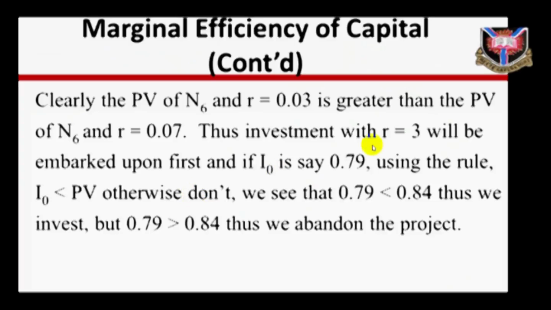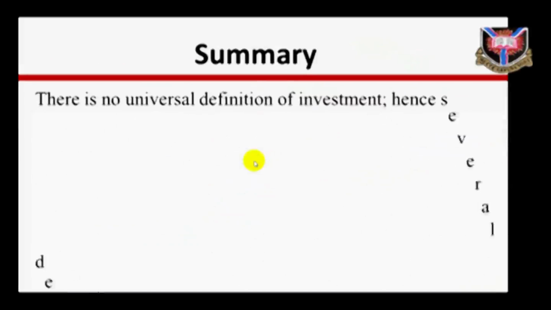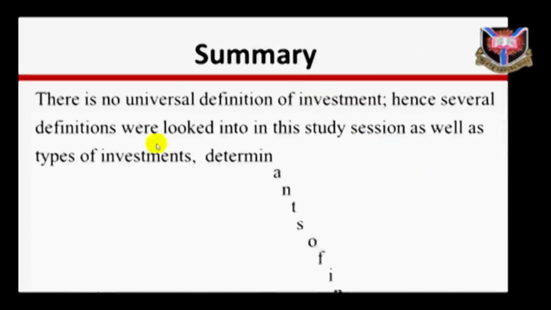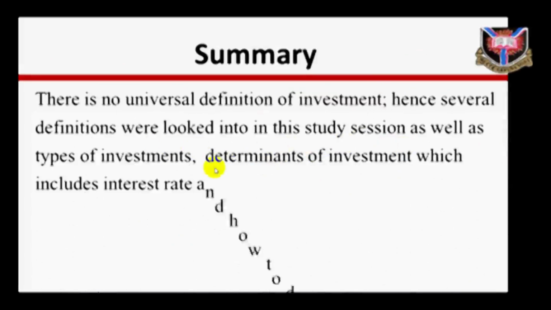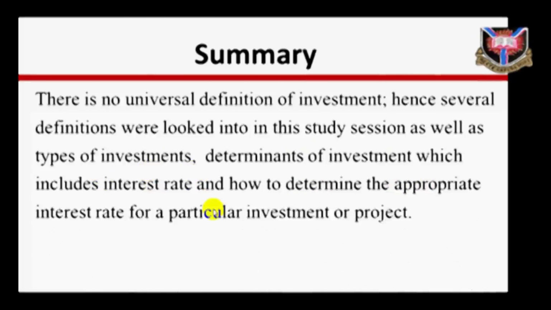But if 0.79 is greater than 0.84, thus we abandon the project. Illustration. We see that MC is less than R. So also is the fact that the cost of the project is less than the present value of the project. Thus, the project should be executed. The man should not deposit the money in his bank account. Note that as long as MEC is less than R, investment is profitable to be taken.